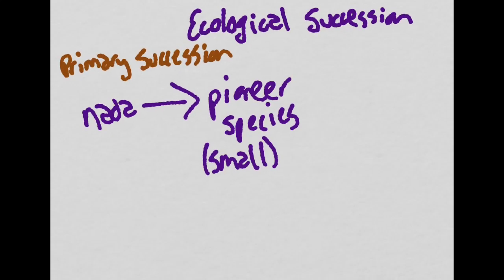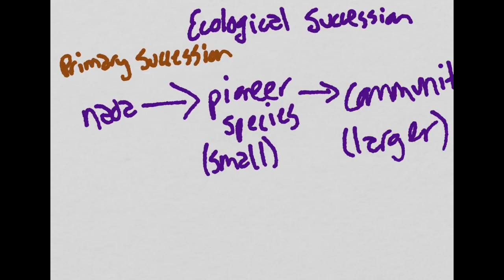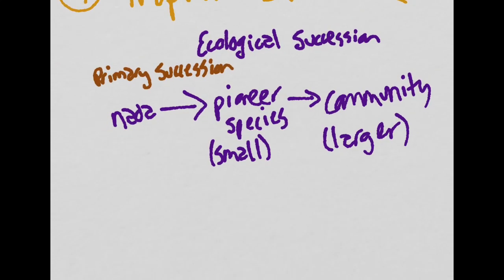These will generally be very small plants because large plants take a lot more energy, nutrient space, and such, which the environment might not be able to provide. So small plants, very low maintenance, it helps a community take root. So once that species begins to thrive, a community will form.